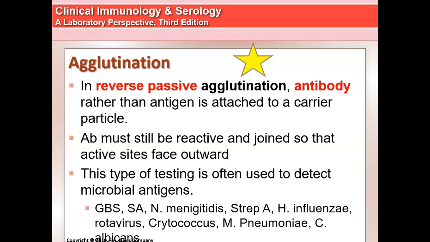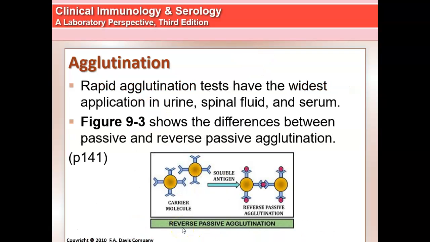This type of testing is often used to detect bacterial antigens such as group B strep, Staph aureus, Neisseria meningitidis, group A strep, Haemophilus influenzae, rotavirus, Cryptococcus, Mycoplasma pneumoniae, or Candida albicans. So the tests that they do for newborn meningitis, it's a panel, and it has little tiny latex beads, and it's looking for this stuff all at the same time.